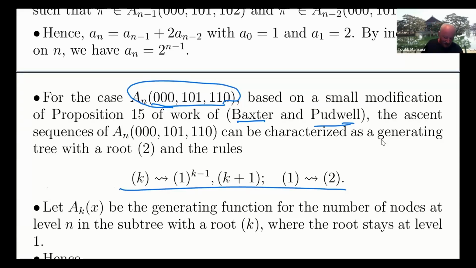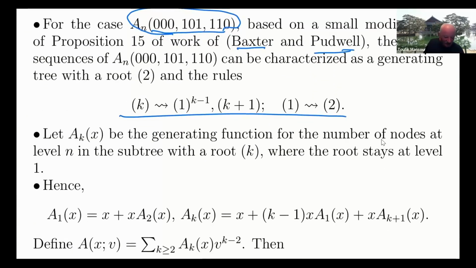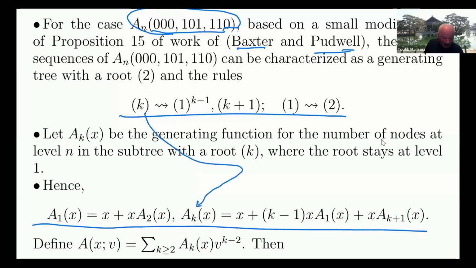And if I do the translation from the succession rules to a system of equations, I denote by a_k the generating function, x for the root, k minus 1, because it's k minus 1 times the node 1.